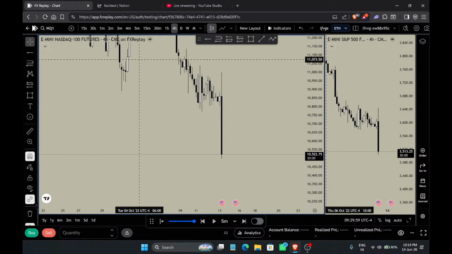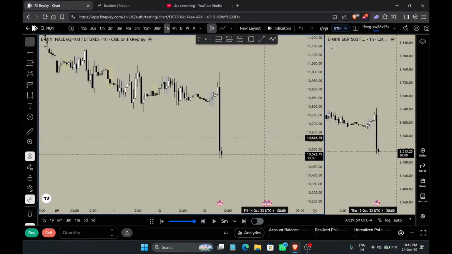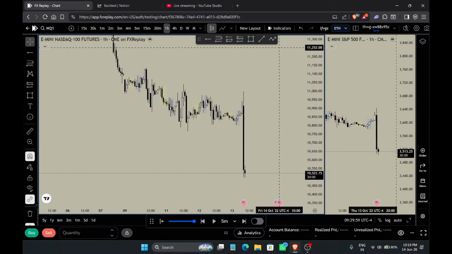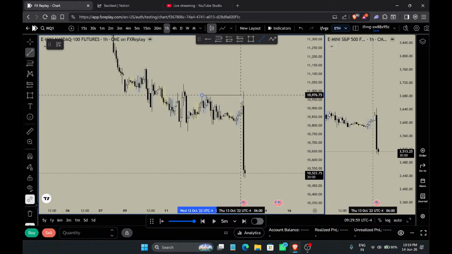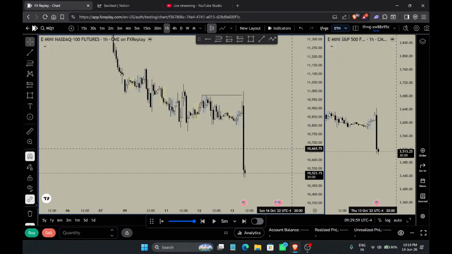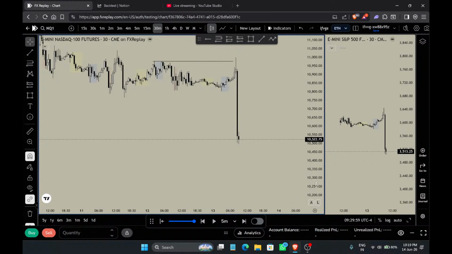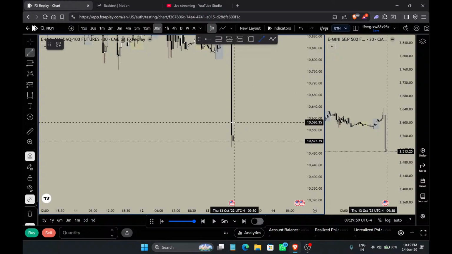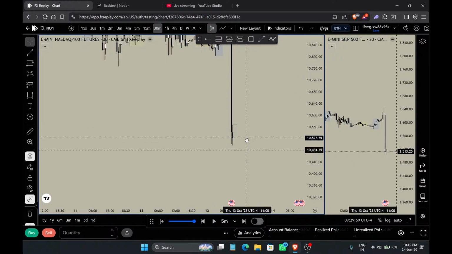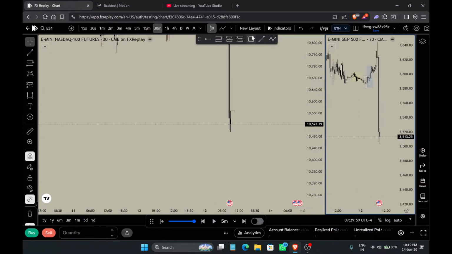What do we have right now? We have 10 hours. Now liquidity sweeps. We have 39 IFVG from both of these assets.